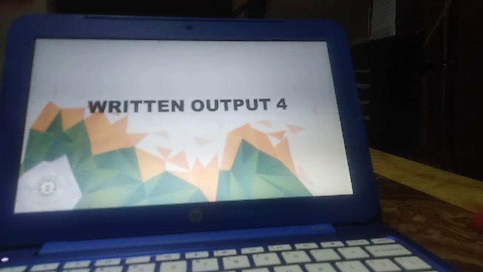Okay, before we go to the written output, what do we have to remember? We have to remember, first, we subtract the mean from the given measurement and divide by the standard deviation. The first thing that we need to do is solve for the z-score. After getting the z-score, we will get the area from the z-table.